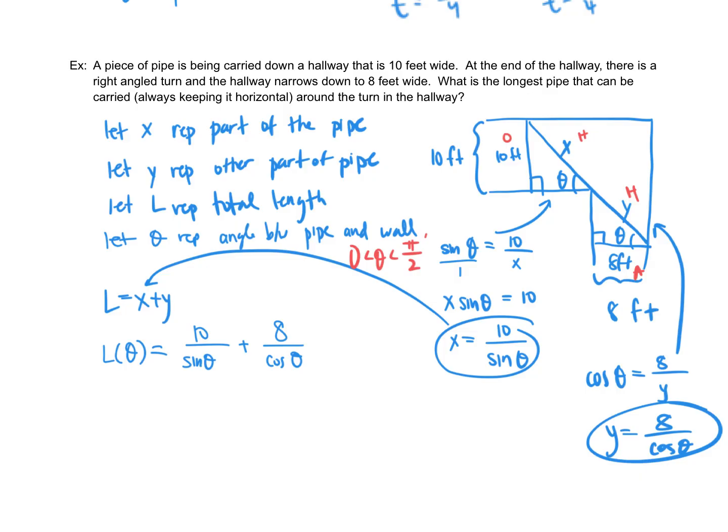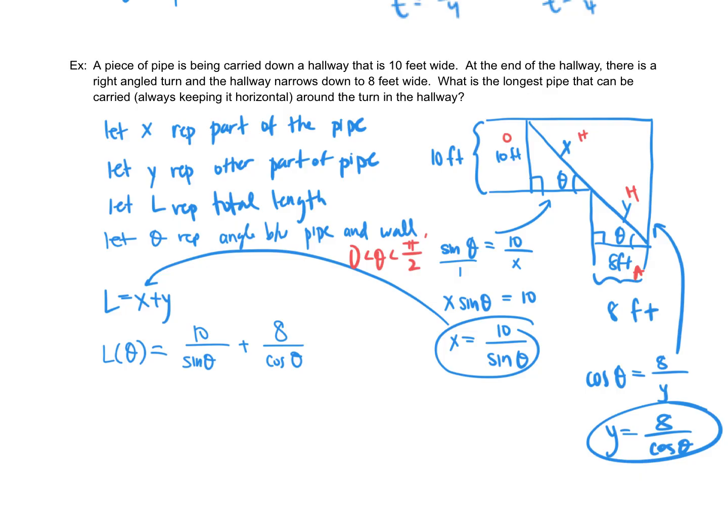Now, just a note here, if theta is actually very close to 0, or if theta is 0, the pipe won't make the turn. And if it was 0, then in reality, this pipe can go on forever. Or if it was touching the other wall, it would go on forever.